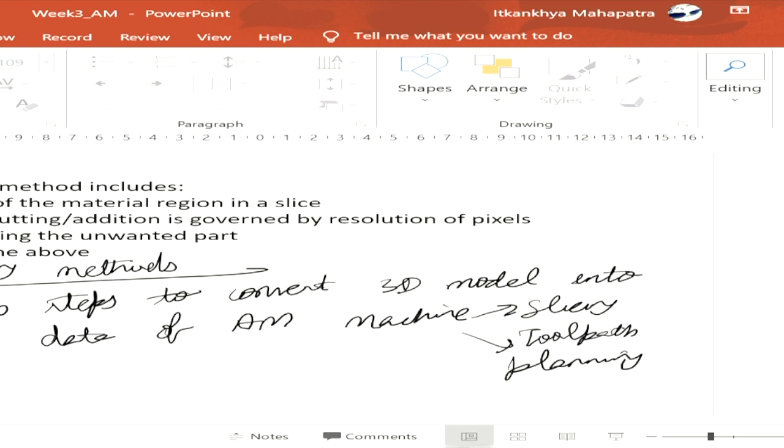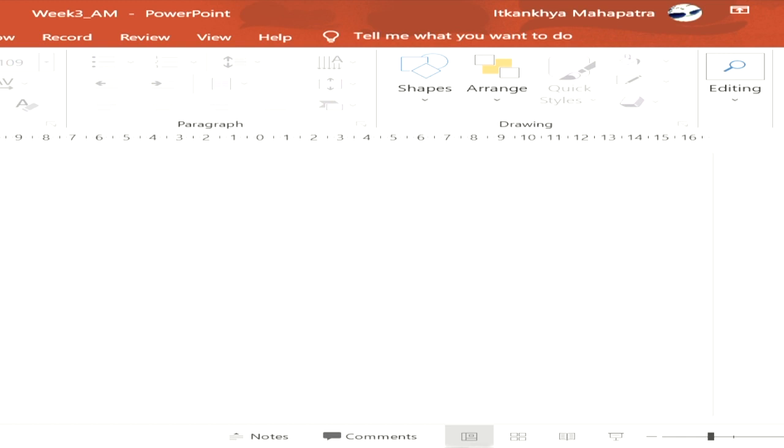Now there are three different types of tool path. So we will gradually understand what is the grid cutting method.